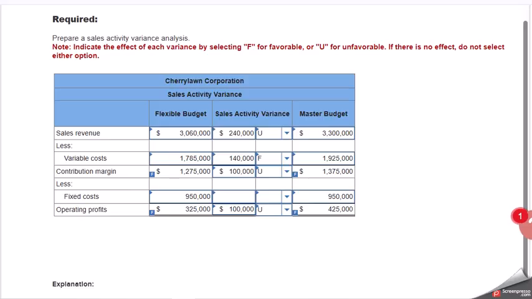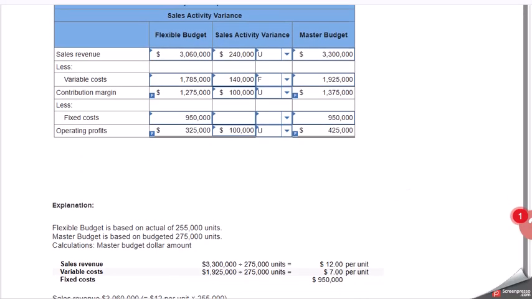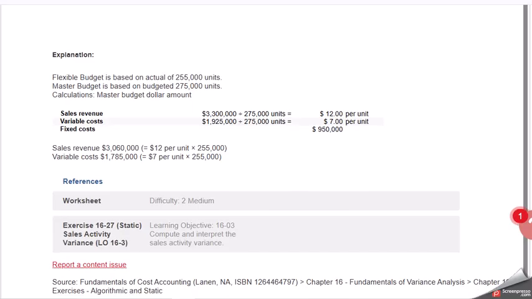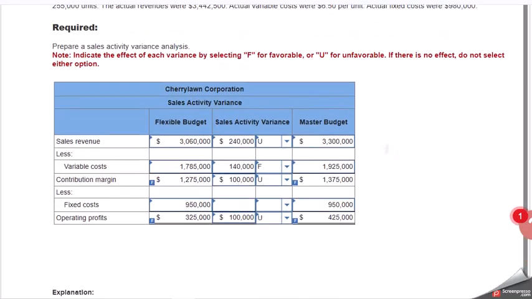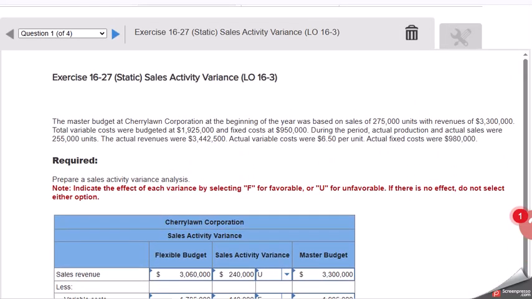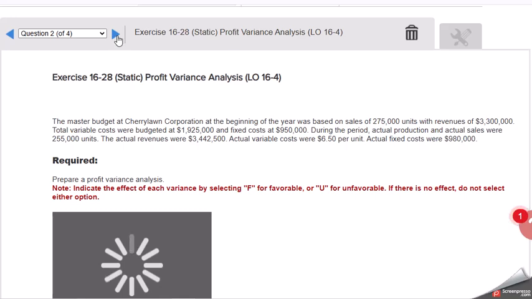Our fixed costs are the same, so really we're just an unfavorable 100,000 due to selling 20,000 fewer units. At this point we're just doing the flexible budget, so we're not factoring in any of the actuals in this particular problem.